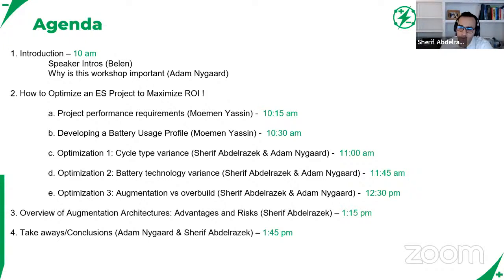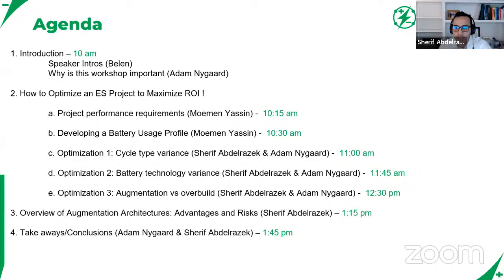The first one is looking at what happens when you vary a battery usage profile. When you take different types of cycles, how does that affect your design? The second optimization is looking at the technology. If you know how your system needs to be dispatched and you have a usage profile, what is the best technology for you to use and how do you make that determination?